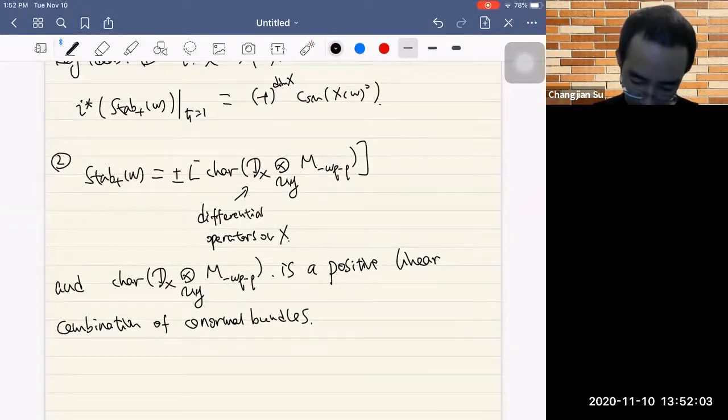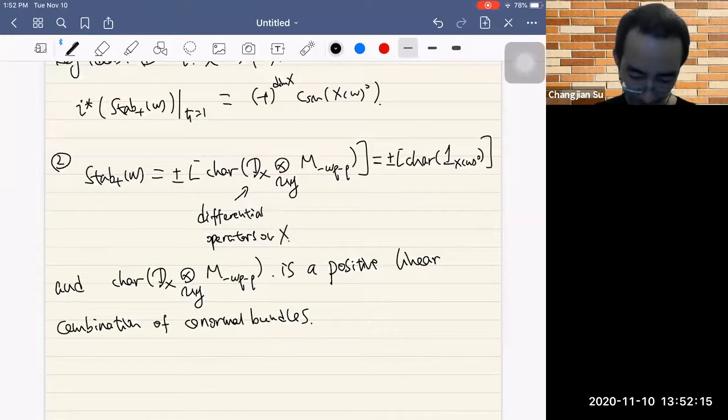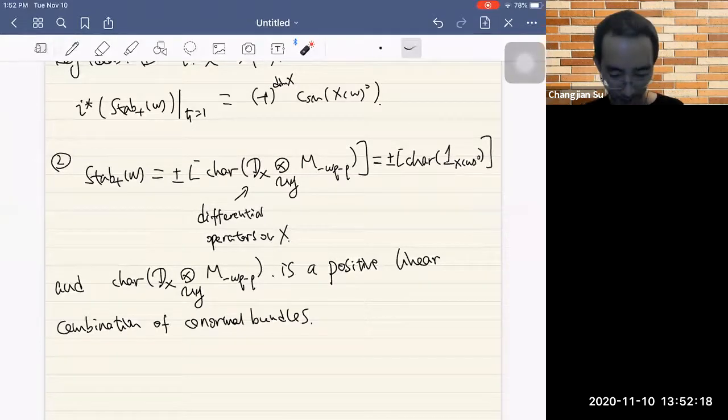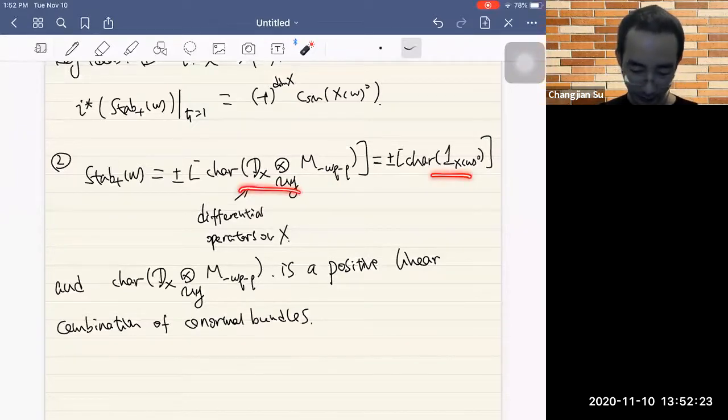I should also say this is also the same as the characteristic cycle of the constructible function on the Schubert cell. These two are equal to each other. This is well known in the Kashiwara-Lusztig theory. Similar results are claimed in the book of Andre and Davis, where they claim this is true for all cotangent bundles.